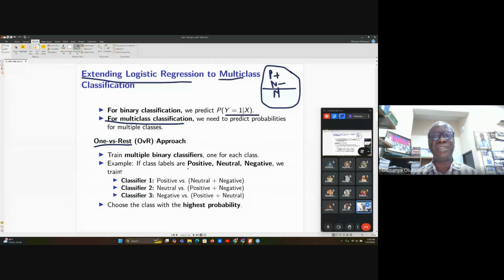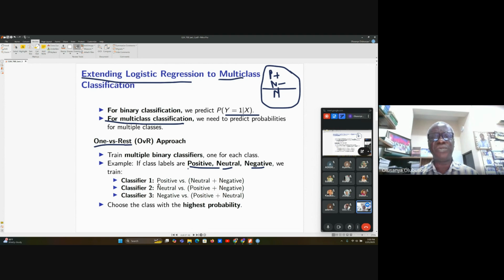What that means is that if you have positive, neutral, and negative, since there are 3, we have to have 3 classifiers.